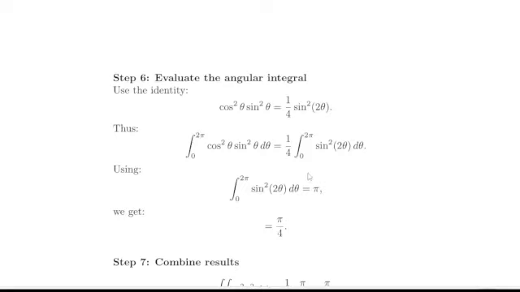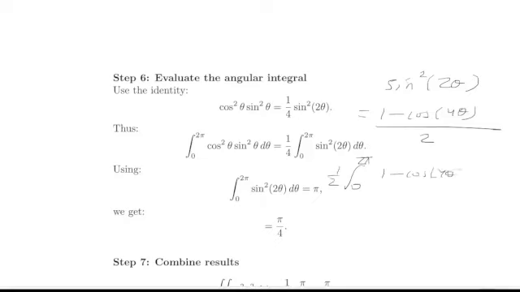But another way to do that, we can write sine squared 2 theta as (1 minus cosine 4 theta) all over 2. So if we integrate that from 0 to 2 pi, we can factor out the 1/2, and you have 1 minus cosine 4 theta d theta.